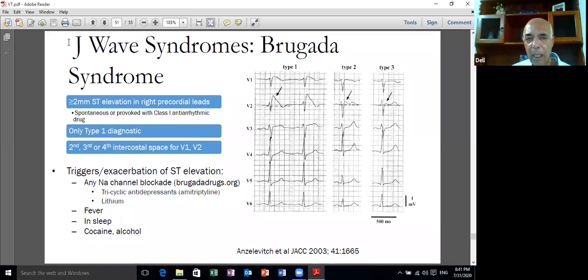Now, the underlying mechanism for this is loss of function, not gain of function like long QT3. It's loss of function of the sodium channel. As a result of that, phase 0 depolarization is stunted. The second phase after that is the Ito, transient outward current.